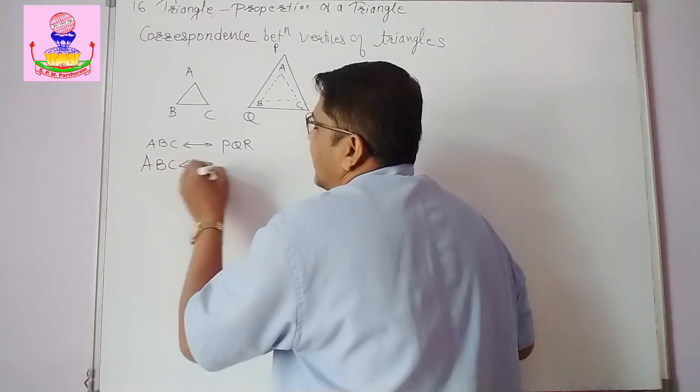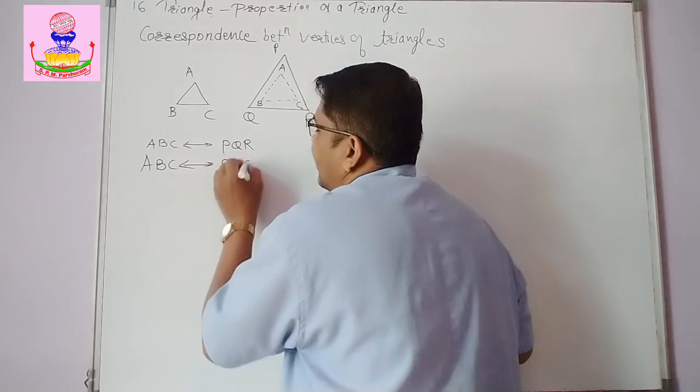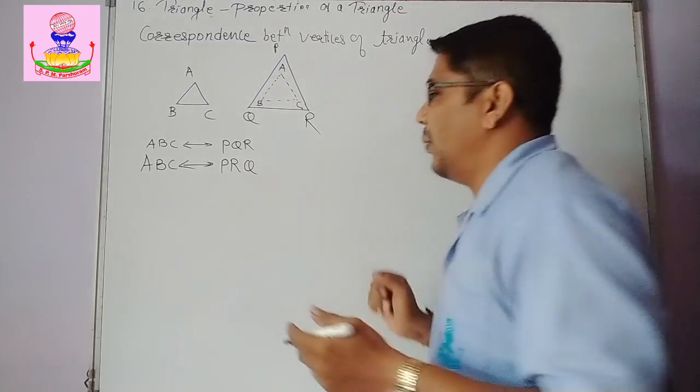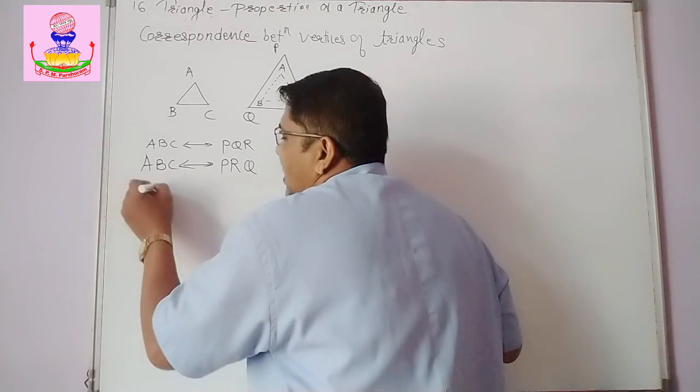Here, A, B, C is in one-to-one correspondence with P, R, Q. I have kept one vertex fixed and changed the others.